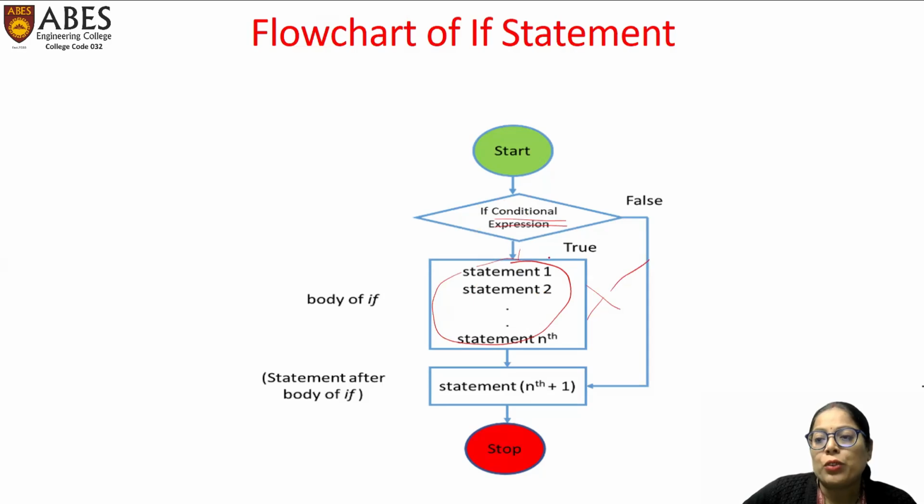So, in case of if statement, the body of if is executed only if the condition is true. And in case it is false, the body of if will not be executed, and the statement after the body of if will be executed, and the process terminates.